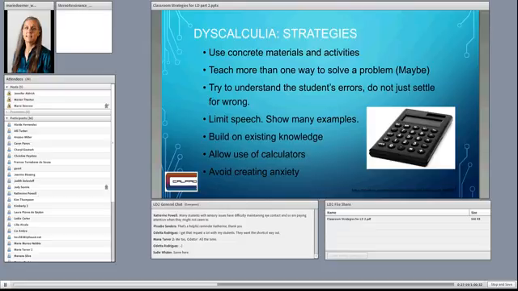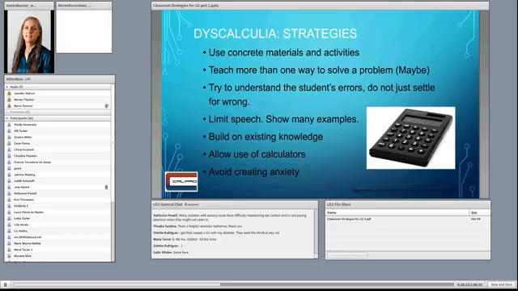Dyscalculia strategies would be use concrete materials and activities. Even if we're doing 35 times 14, I try to come up with an answer and say, what could you buy for that much money? And try and cement numbers into their lives, so that it's not as abstract an idea.